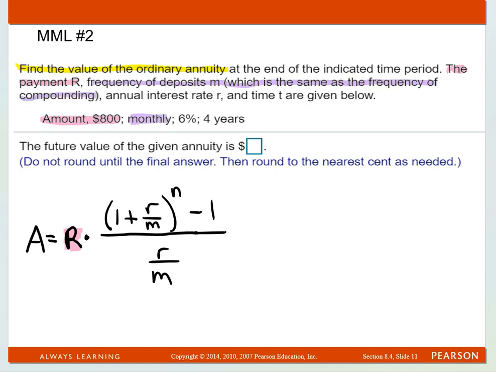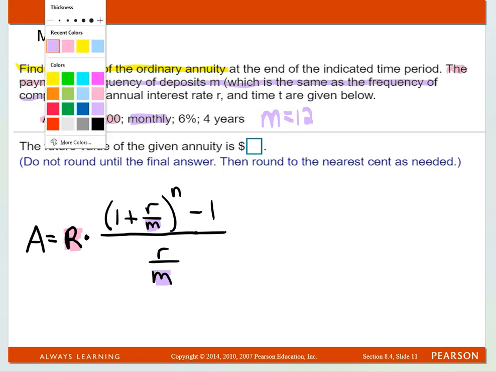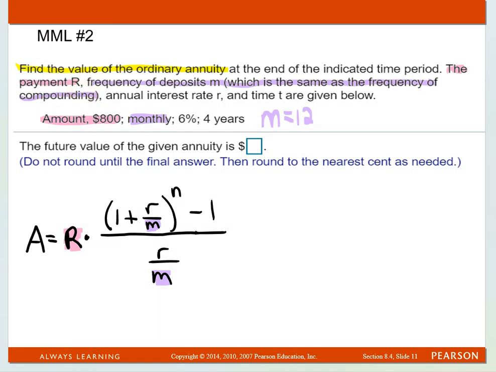So M is going to equal 12. And then you've got your annual interest rate R, that is 6%. So R will be 0.06, which will go here and here.